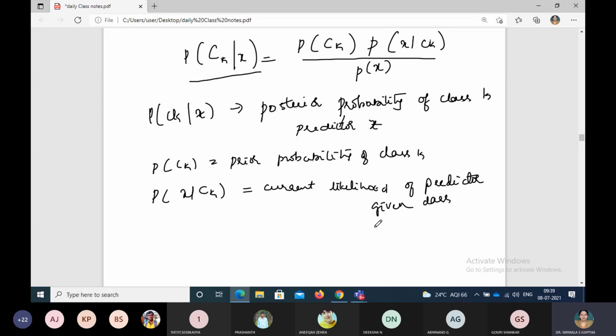Given class. Then we got the last term, which is called P of X, which is there in the denominator. So this is the prior probability of the predictor.